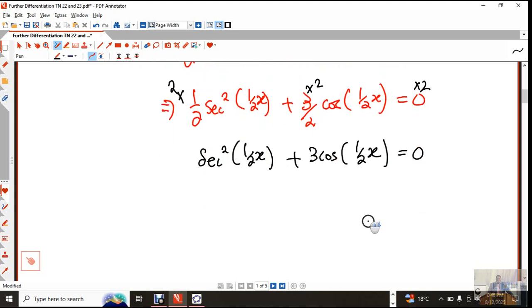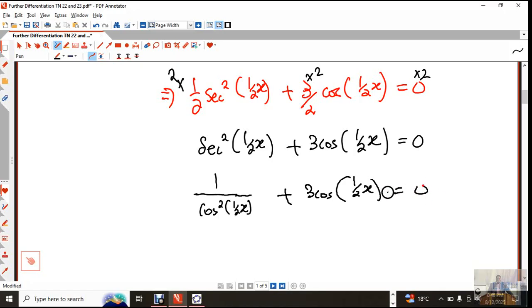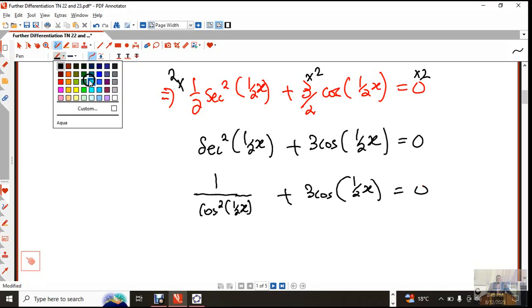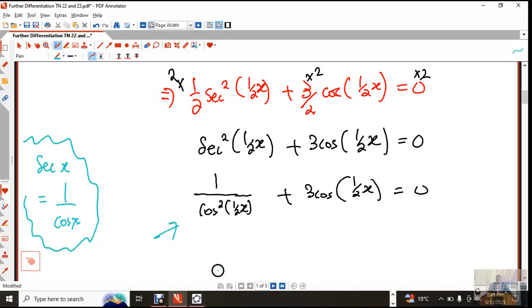Now sec, if you know your reciprocal identities, is 1 over cos, so 1 over cos square of a half of x plus 3 cos of a half of x is equal to 0. Please remember that sec of x is the same as 1 over cos of x. So that is what I'm applying over here.